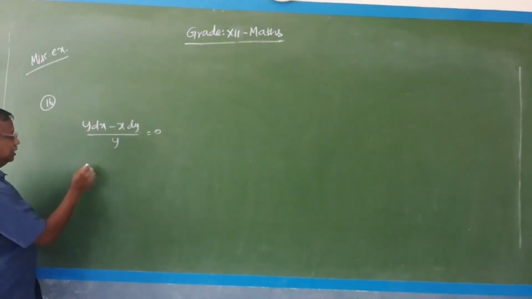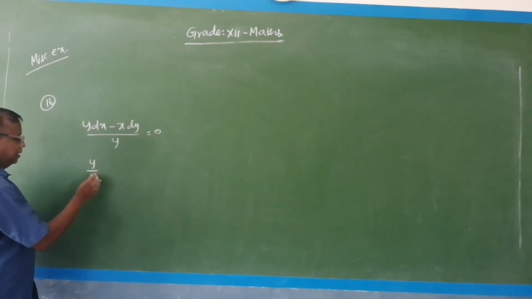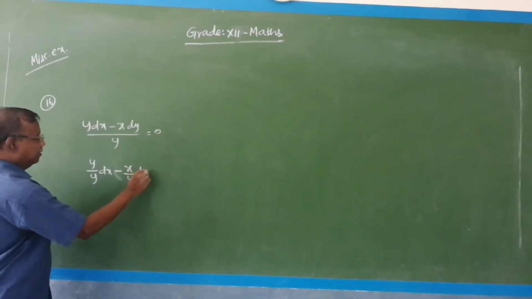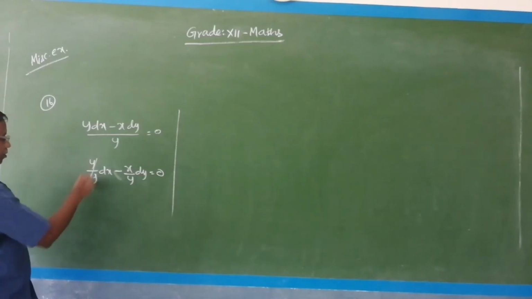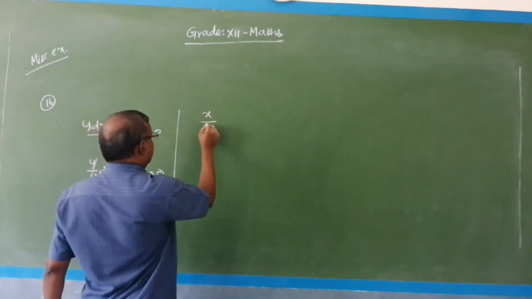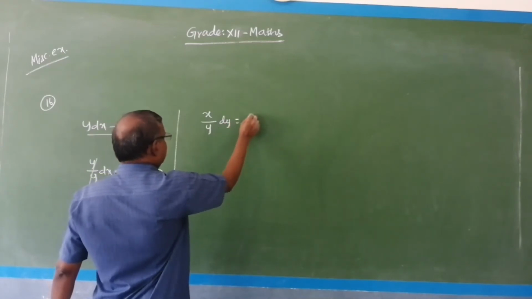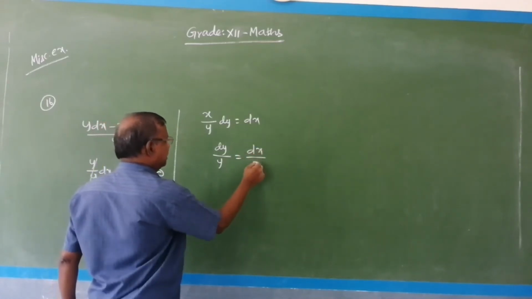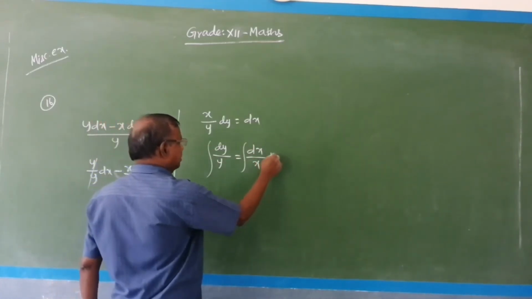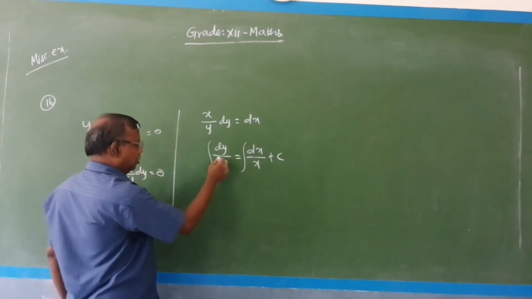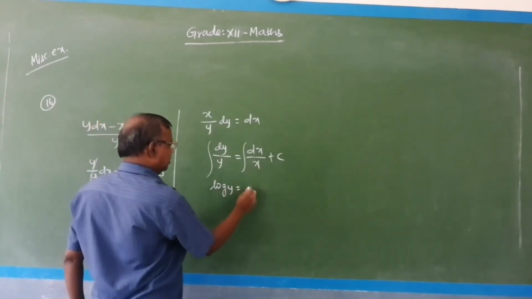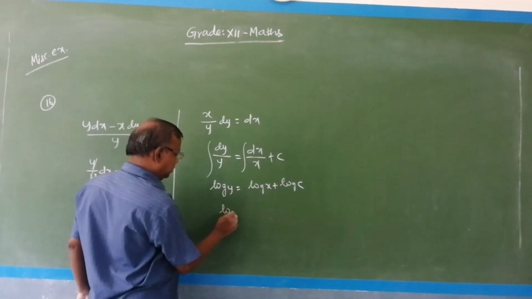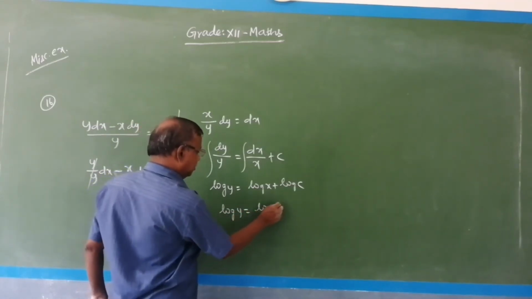Now, this is y by y into dx minus x by y into dy equal to 0, or x by y into dy equal to dx, or dy by y equal to dx by x. Integrating on both sides we have plus c. So, this is log y equal to log x plus log c, or log y equal to log of cx.